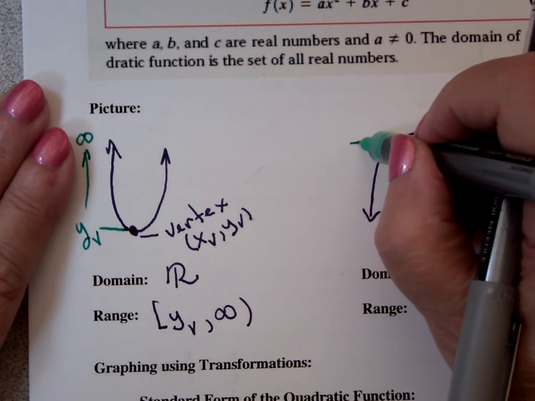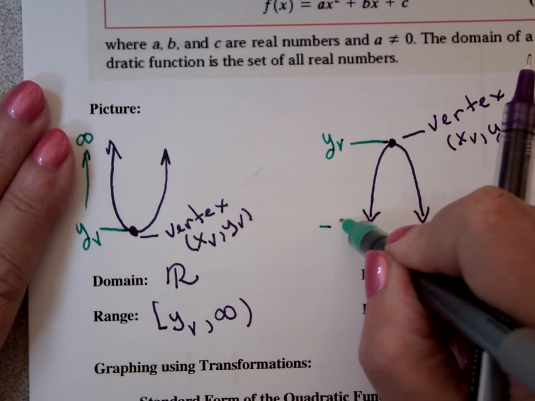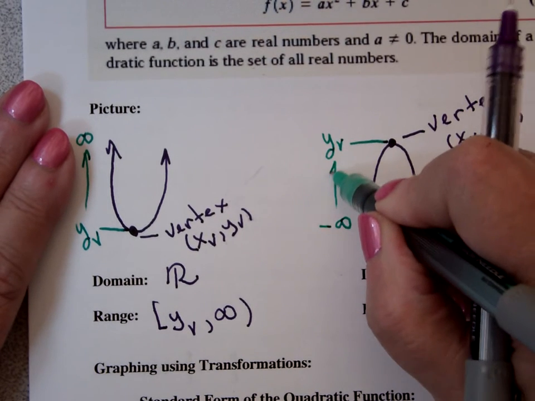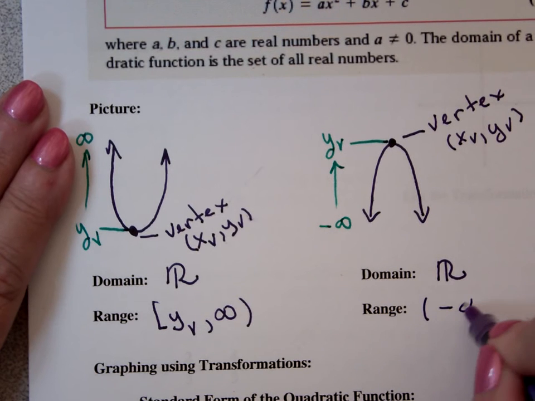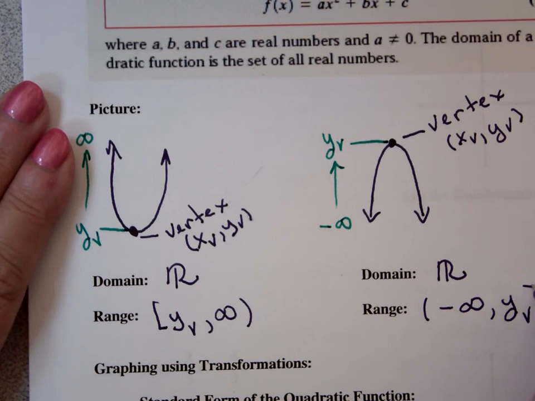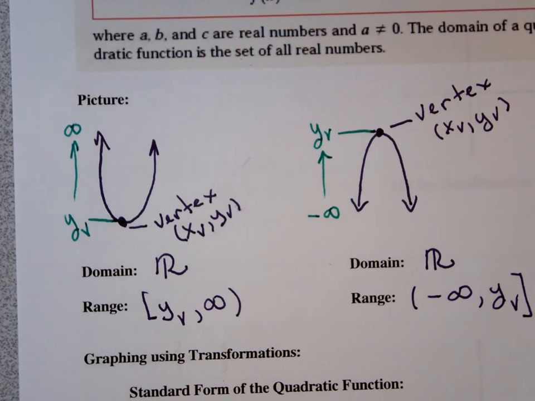And if you notice, the range stops at the y coordinate of the vertex, but it comes in from minus infinity and stops at the y coordinate of the vertex. Intervals are always in number line order. So it's minus infinity, y coordinate of the vertex. And quadratics are really nice because you can predict what they're going to look like.